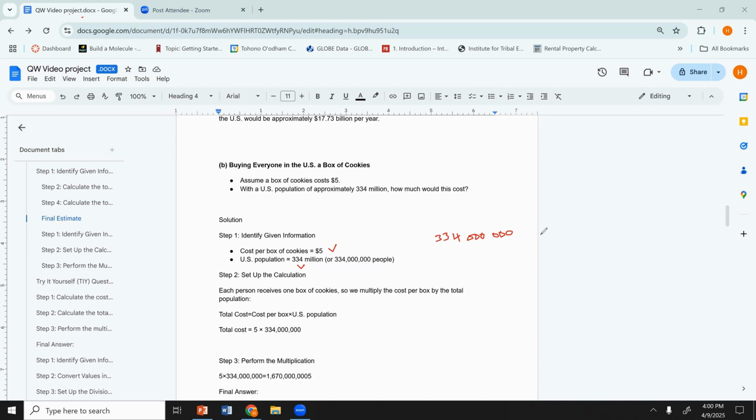So to figure out the total cost, we're going to have to multiply the cost per box times the population. That's going to be 5 times 334 million.